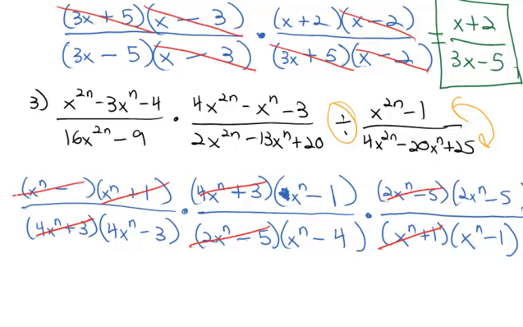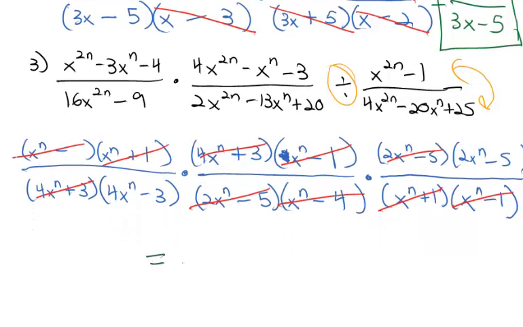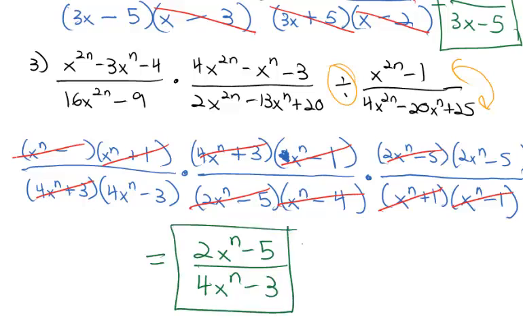There's an x to the n minus 4. There's an x to the n minus 1. And so when we do all of our reducing, this one turns out all that's left is 2x to the n minus 5 over 4x to the n minus 3. And we have our solution.